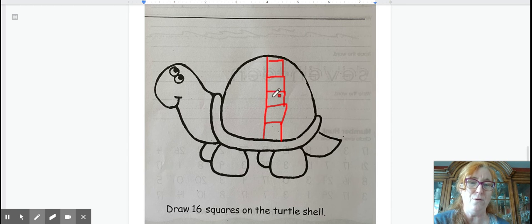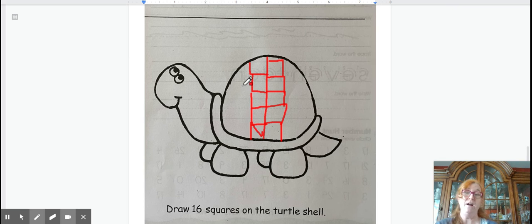Okay, 1, 2, 3, 4. I just made 5 squares here. And remember, we're just trying our best to make this look like a square. All 4 of the sides are the same. Okay, and we have 1, 2, 3, 4, 5, 6, 7, 8, 9, 10. So we have 10 squares so far. So then we could add 3 more squares on this side.